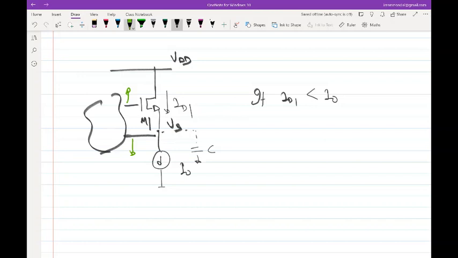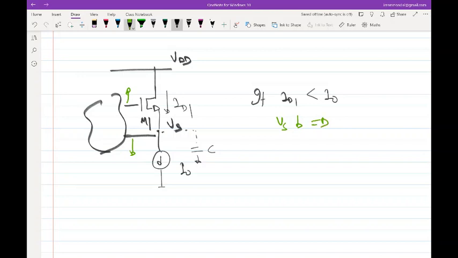Okay, so what is this argument? If ID1 is less than I0, Vs is decreasing. While one might argue that it is getting auto bias, we are not particularly bothered about what's happening to Vs. What can I do to Vg to ensure that the transistor is able to push in that much current?